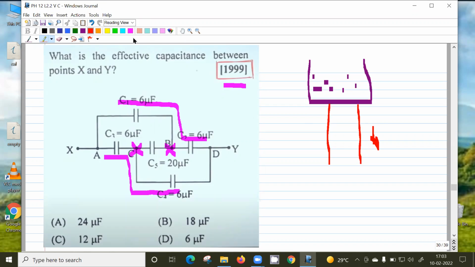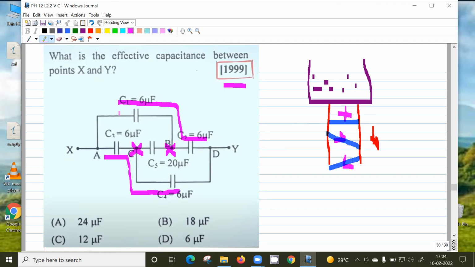Now if I connect these two pipes with a third pipe, will the water flow in this pipe? The water will flow in this direction in this pipe, and in this pipe in this direction. Here, there won't be any water flowing because they are connecting two points which are at the same level.